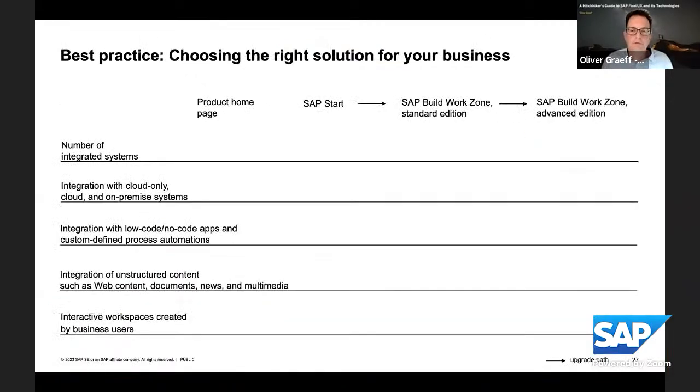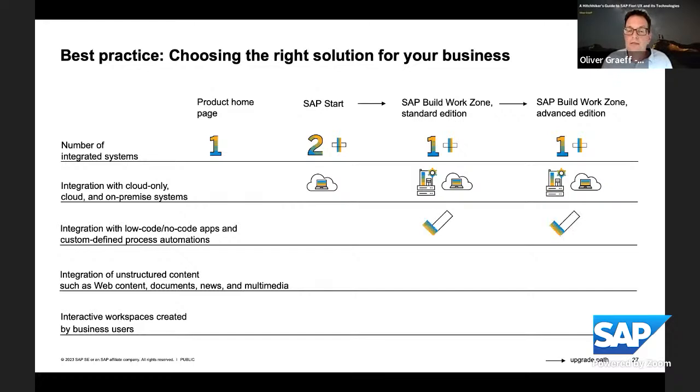And to present this in a different way, just to show you the individual product homepage I mentioned earlier, this is just for the system itself. SAP Start can connect several systems, cloud systems specifically, and the Build Work Zone Standard Edition can connect cloud and on-prem.